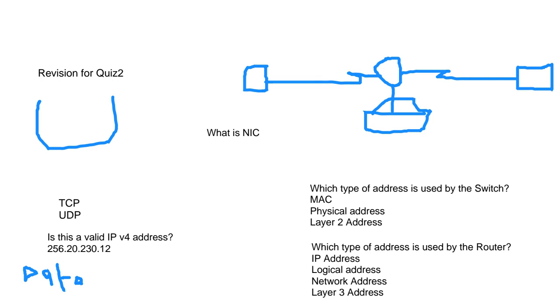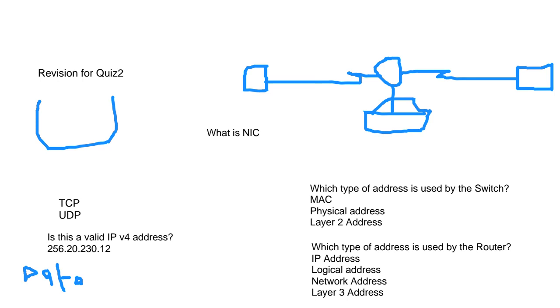In the data link layer or network access layer, it is called frame. But in the physical layer, what do we call it in the cable? Bits. Finally, it is bits. Please don't forget that.